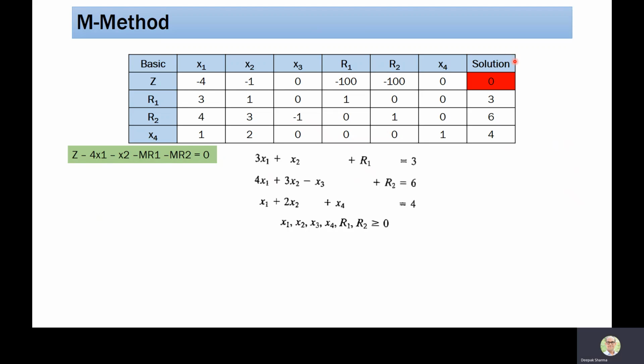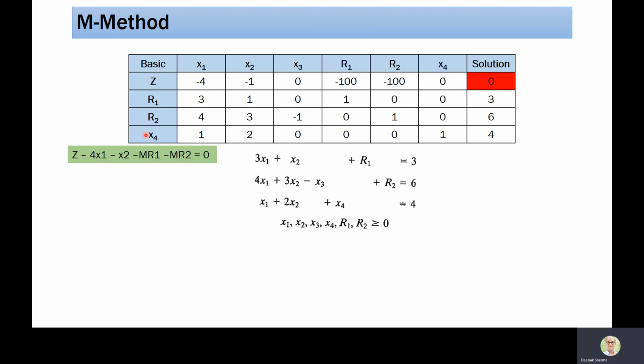And we remember that the last column corresponds to the right hand side. Here we started with the Z row, followed by the first basic variable from equation 1, R1, equation 2, R2, and equation 3, X4.